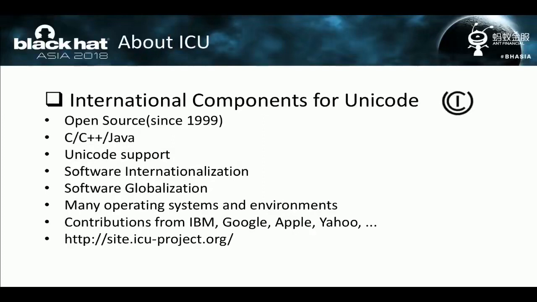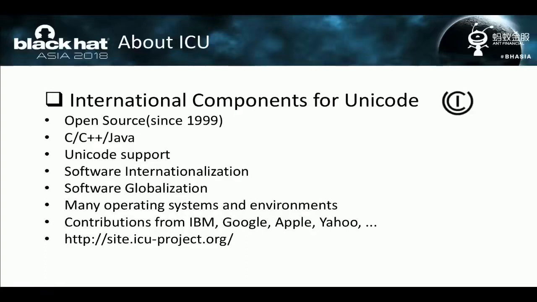ICU is the acronym for International Components for Unicode. It's an open source project of mature C, C++, and Java libraries for Unicode support, software internationalization, and software globalization. It's widely portable to many operating systems.